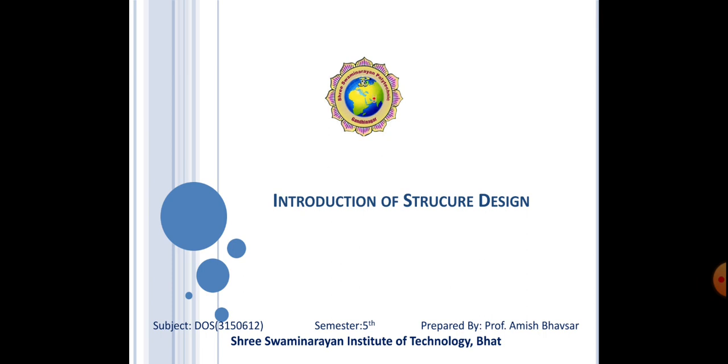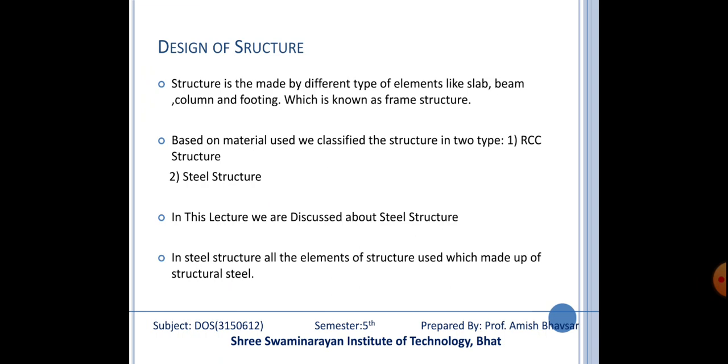For the understanding of design of structure, first of all we have to understand about the structure. So what do you mean by structure? We know about the structural analysis, so we must have knowledge about the structure. The basic thing of the structure is that it is the combination of different elements.